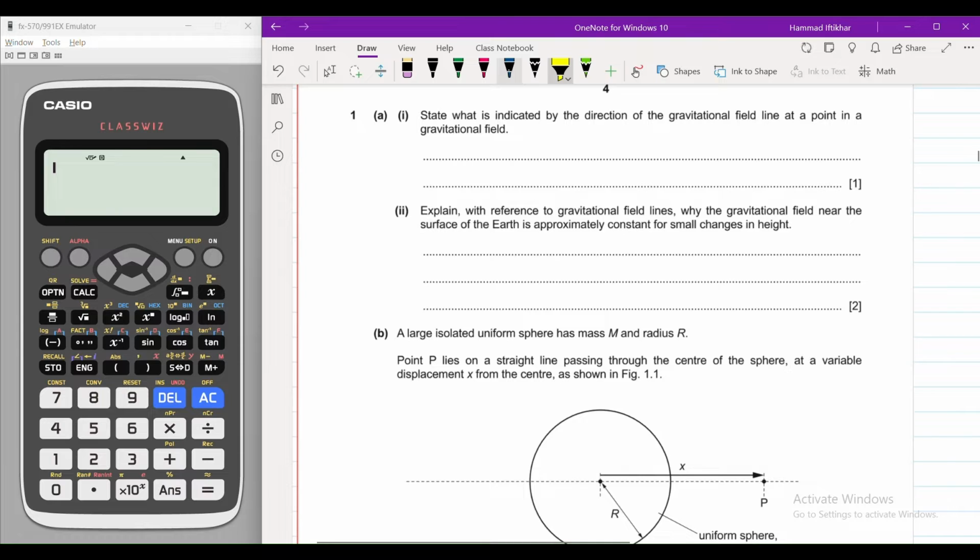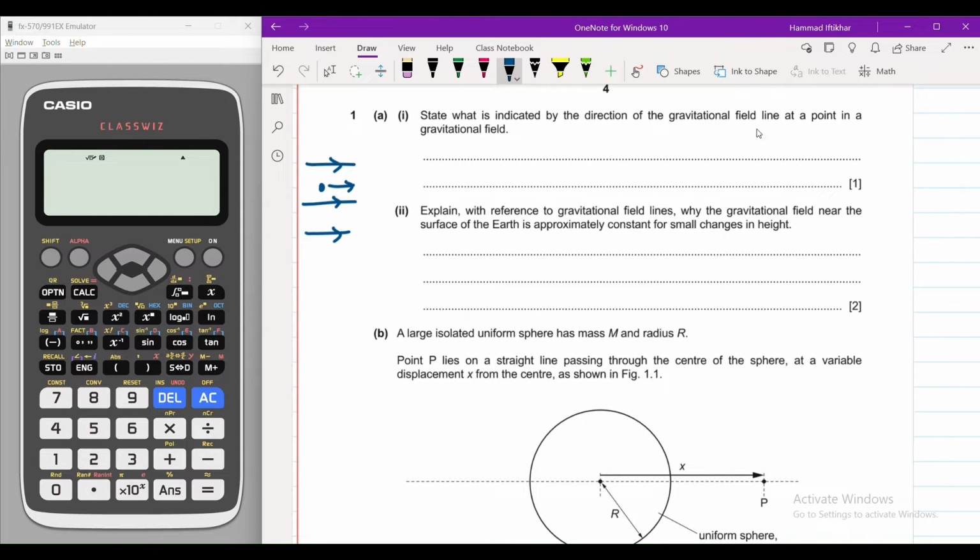State what is indicated by the direction of the gravitational field at a point in a gravitational field. So basically, whenever a test mass is placed inside a gravitational field, it is directed towards the source of that field.